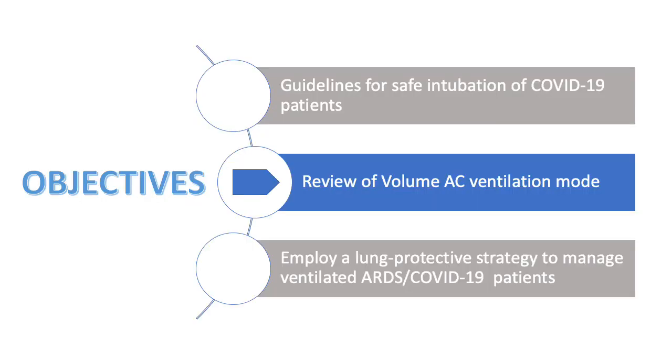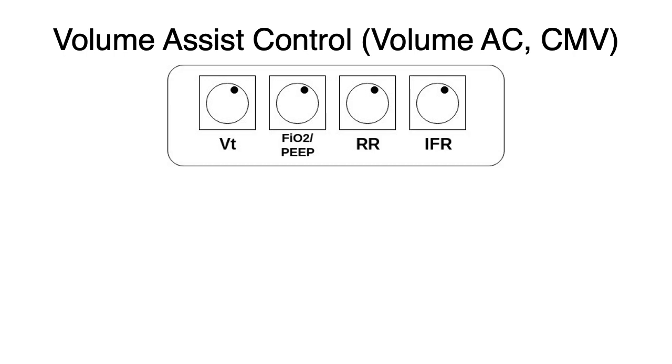So, now that we've got the tube in, let's talk about how to set up the vent itself. Volume AC, or CMV, continuous mandatory ventilation, is likely the mode that we're all most familiar with. This is a schematic of a ventilator and the variables that you can manipulate when using the volume AC mode.